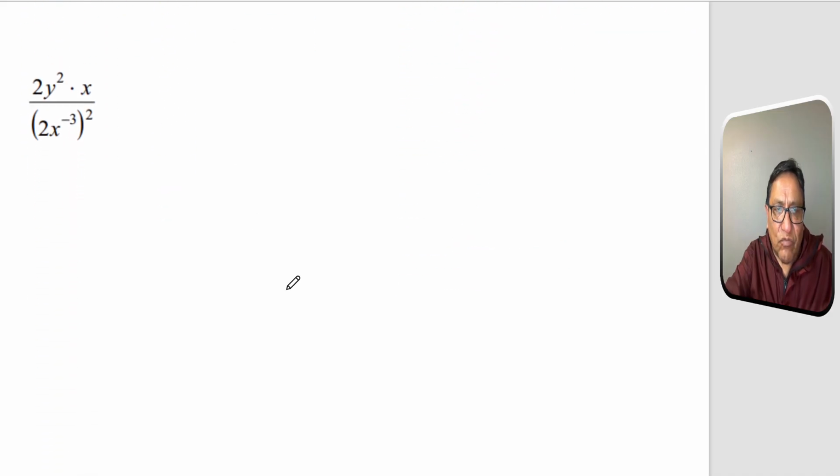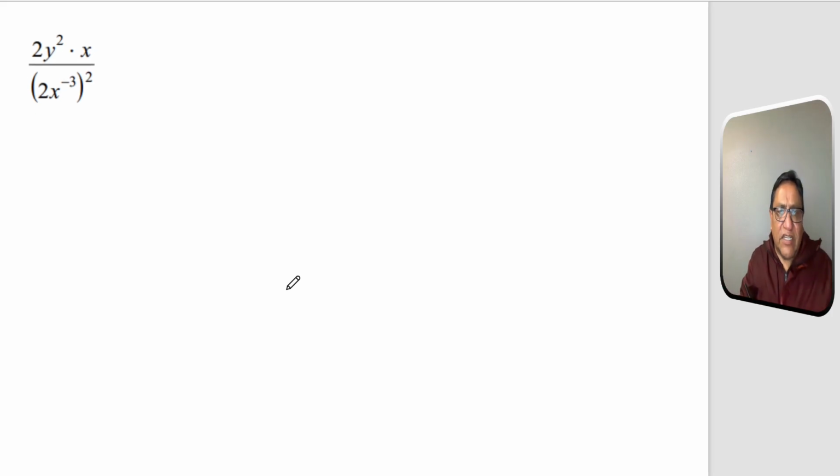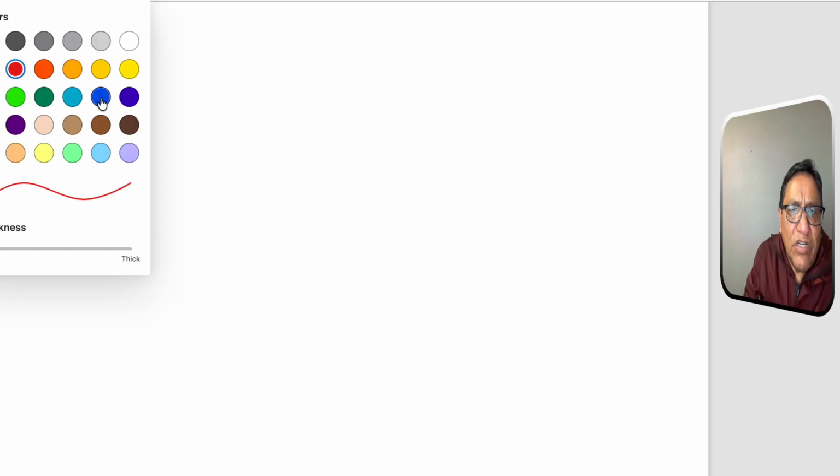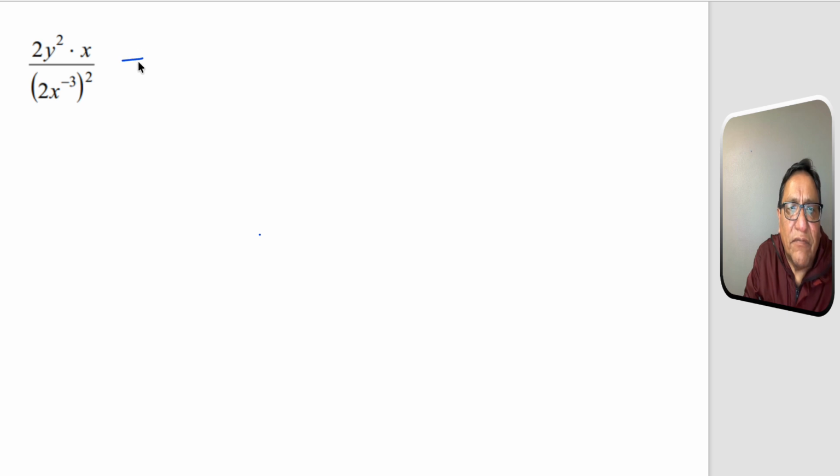This is a little more complicated, so let's see what we can do in here. If I were you, I would take care first of the denominator. I'm just going to leave the numerator as it is, so it will be 2y squared times x, correct?